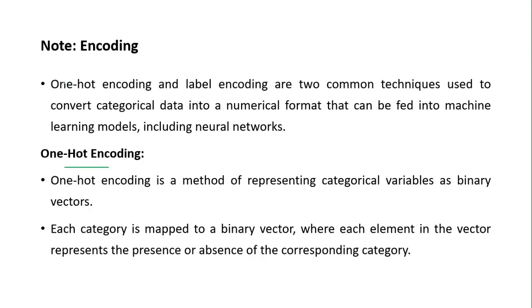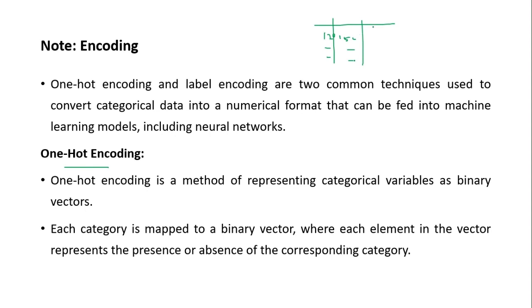Now, what does encoding mean? You know that machine learning algorithms take digits as the inputs, like 150, 120, 150. There will be different columns, and each column will have numbers as the input, maybe floating point or integer. Neural networks also take digits as inputs.